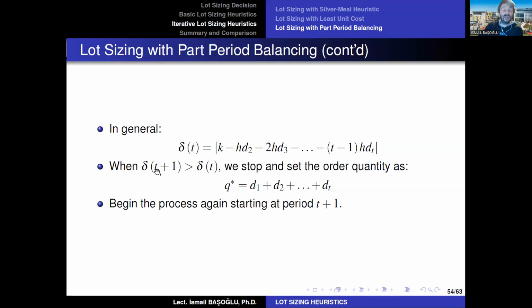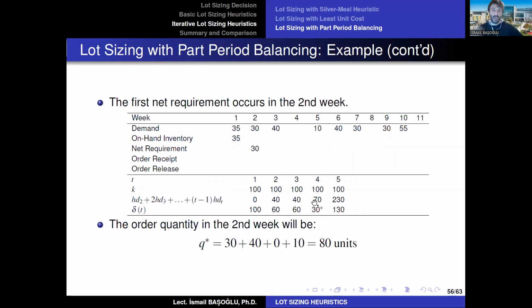Whenever the addition of the next period is increasing this delta t function, this is the point that I will stop and I say that my order should meet the demand of the next t periods at this point. Then I'm going to start this procedure from the point that I'm going to be left.